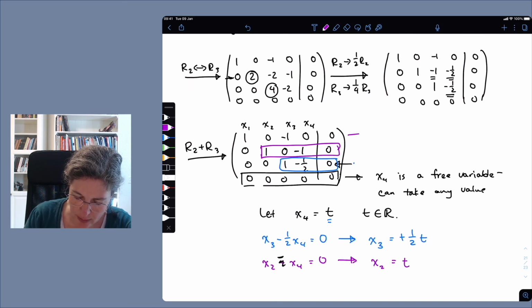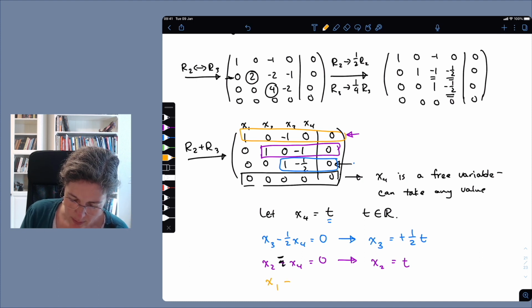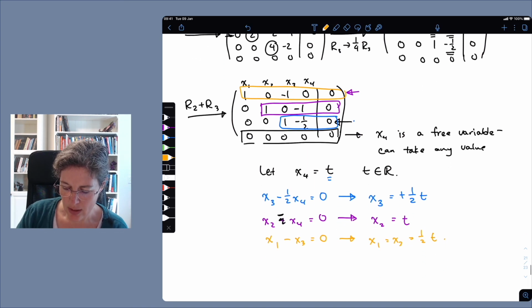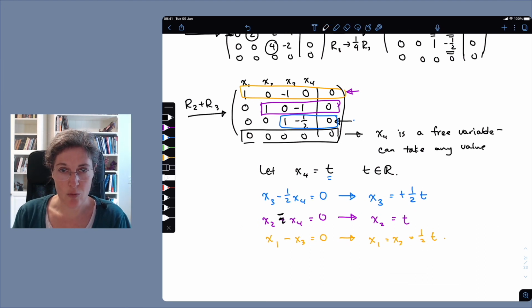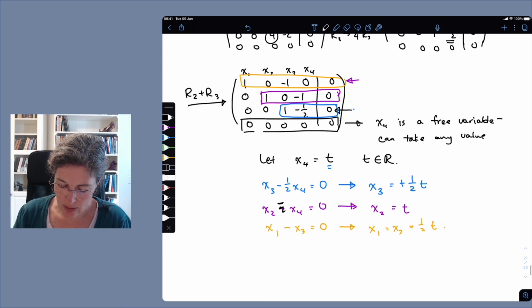And finally, if we have a look at this line, let's do it in a different color over here. We have x1 minus x3 is equal to 0. So we could rewrite this as x1 is equal to x3, but we know that x3 is equal to a half t, so that's equal to a half t. So putting this all together, and really I'm not expecting you to be able to do this, but I want you to see what this gives us.